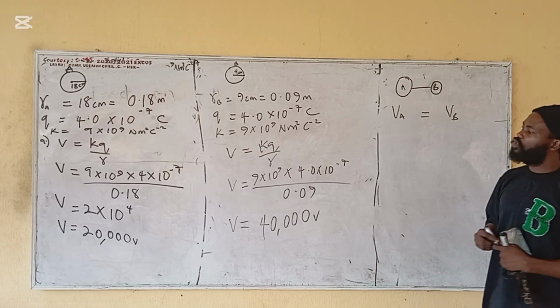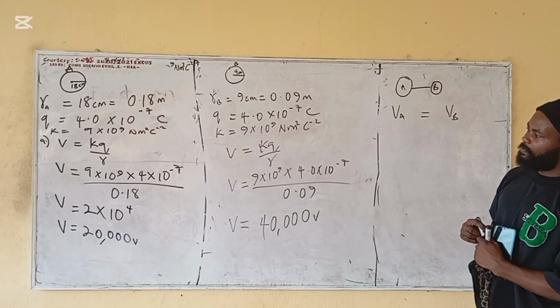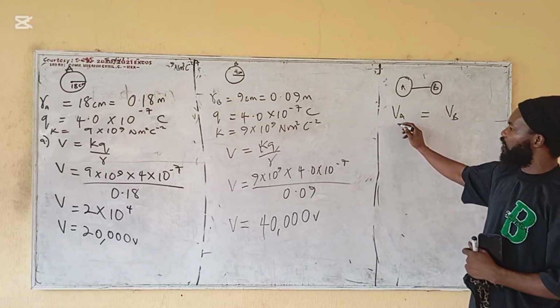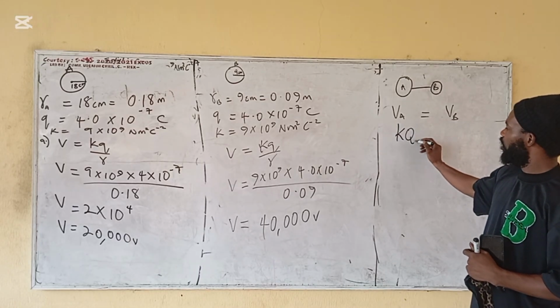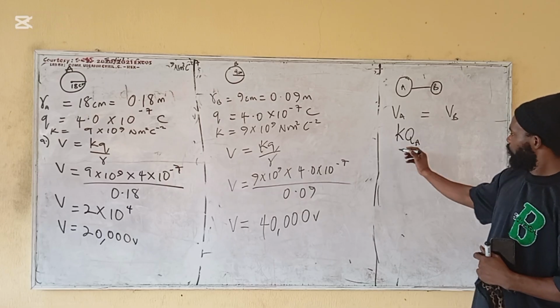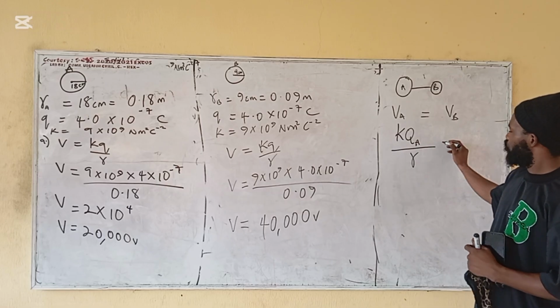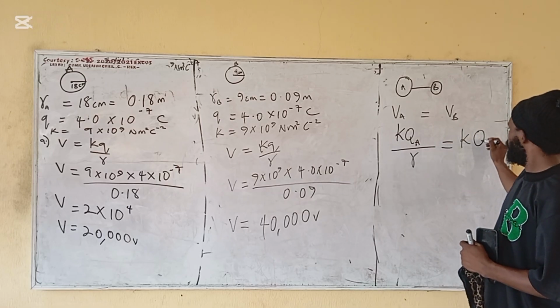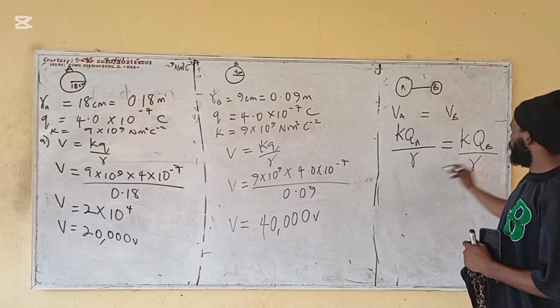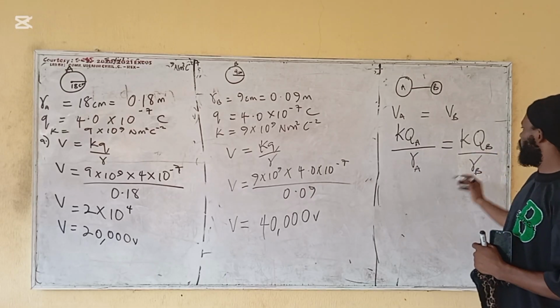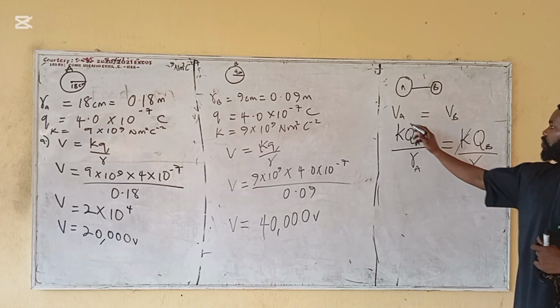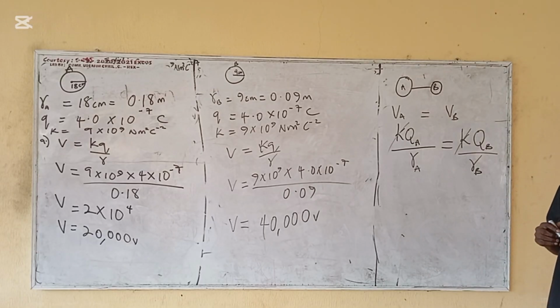And if you want to represent this well, I believe the expectation is that you put KQA over RA equals KQB over RB. The K is constant, it will always be the same thing.